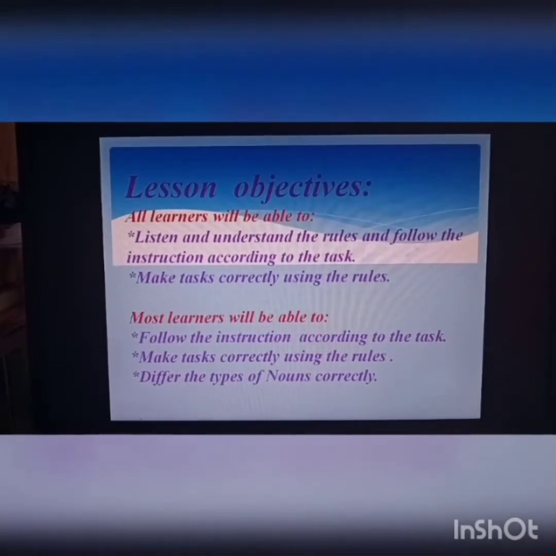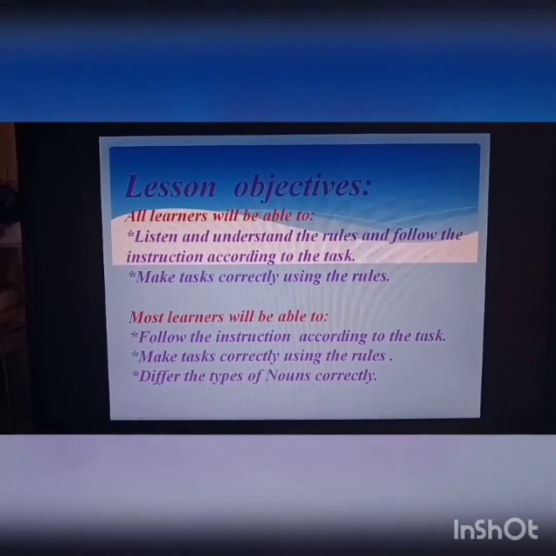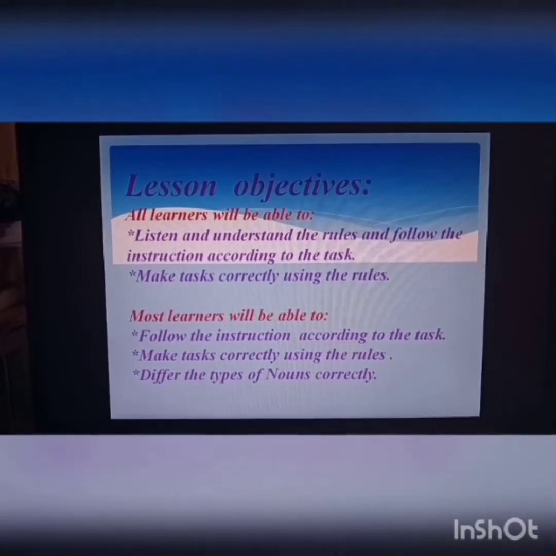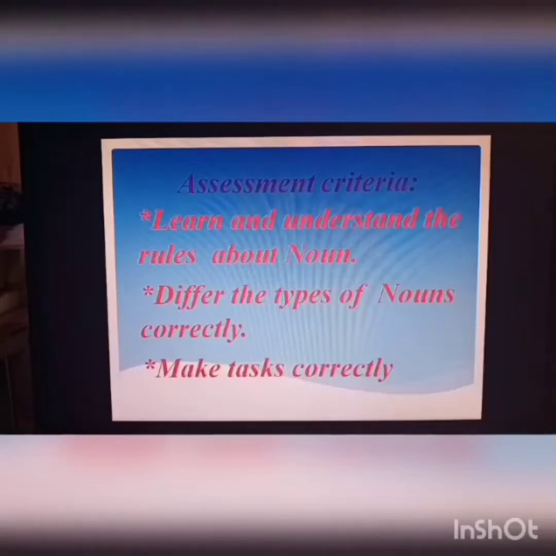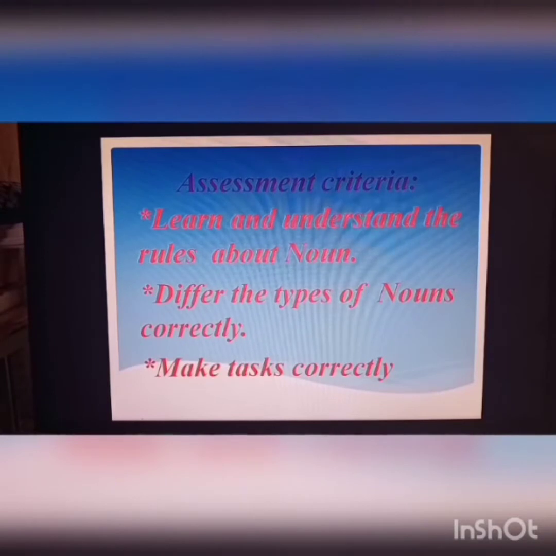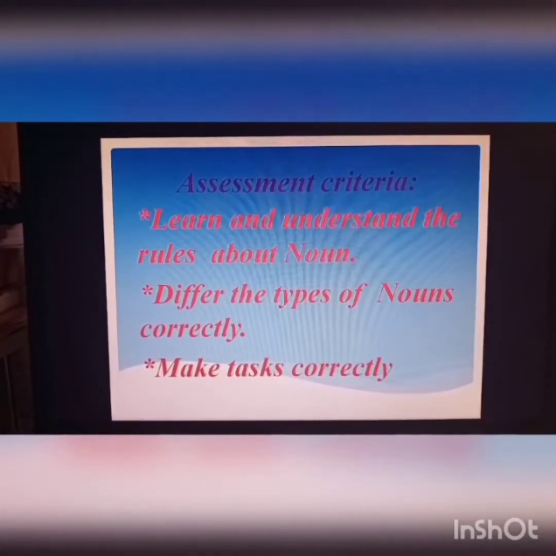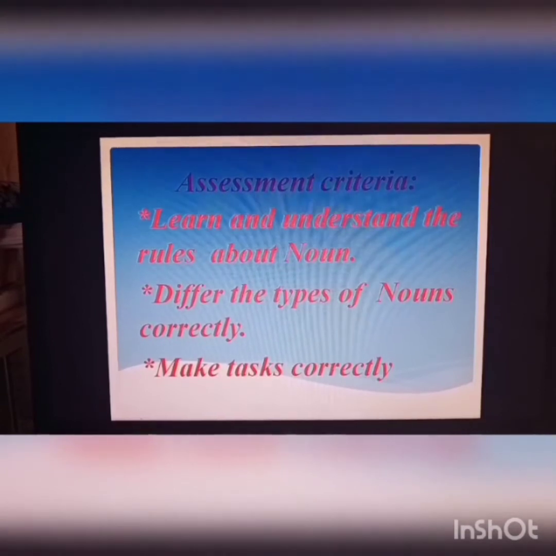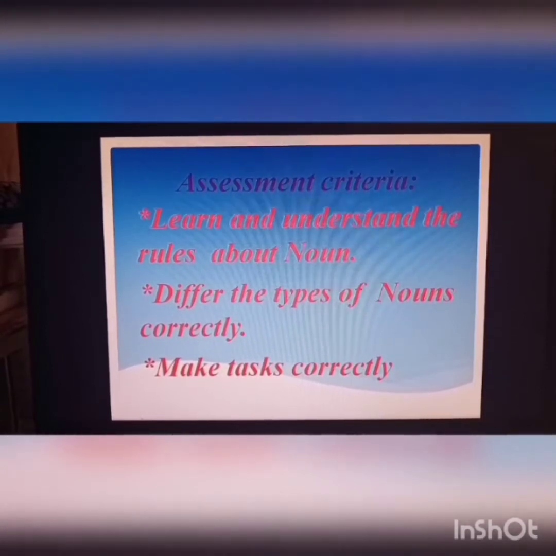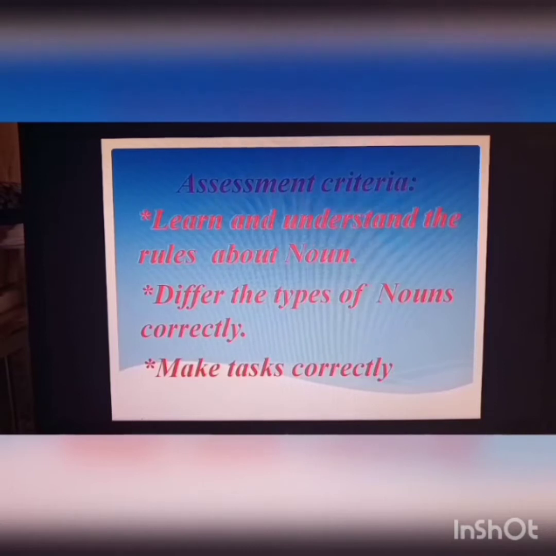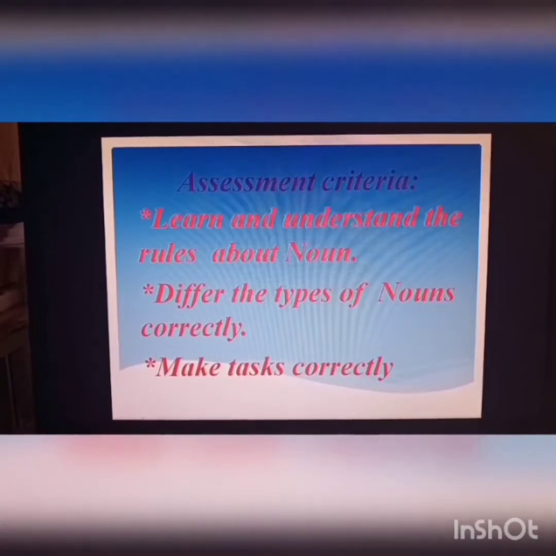Most learners will be able to follow the instruction according to the task, make tasks correctly using the rules, and differ the types of nouns correctly. Assessment criteria: learn and understand the rules about nouns, differ the types of nouns correctly, make tasks correctly.